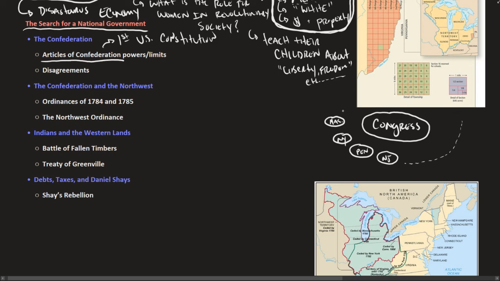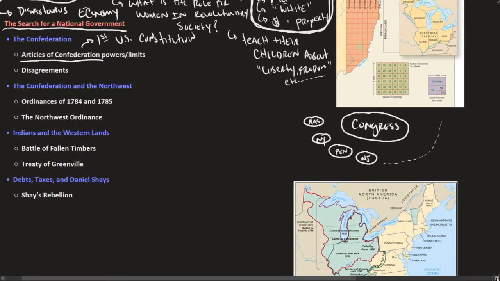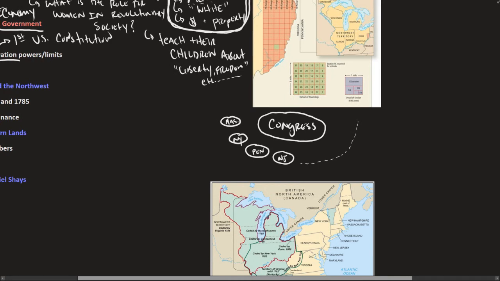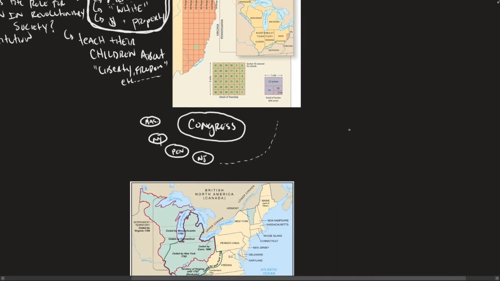And in regards to the Congress, I'll go ahead so I have more room to write over here. Come on, there we go. We might say each state gets one vote.